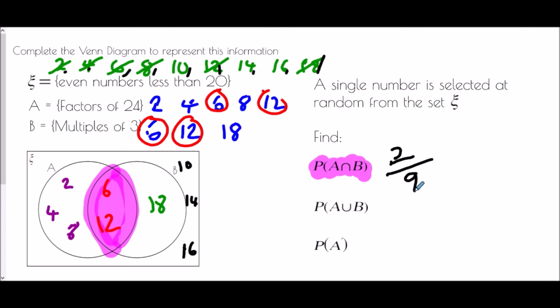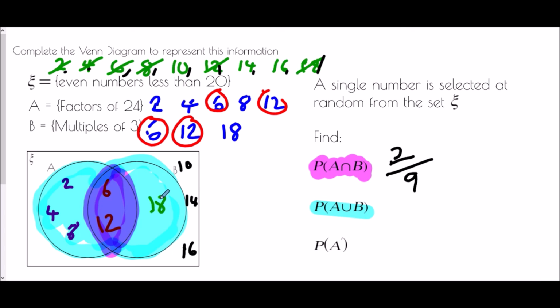If we then want to look at the probability of A or B, again we need to be thinking about what that means. If it's A or B, that means it could be anything in the A circle or anything in the B circle. So it's everything in here this time.